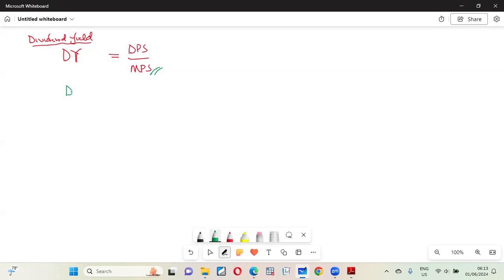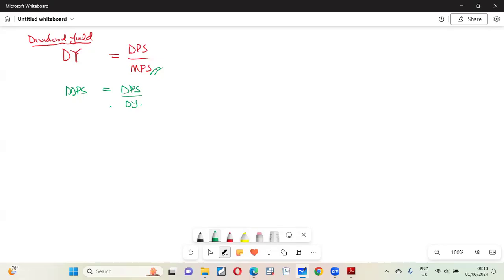So by change of subject, the MPS will be given by, if you do your change of subject, DPS over DY.